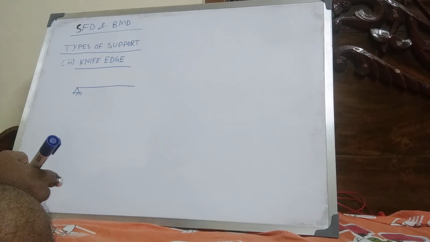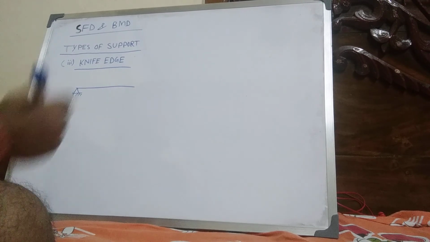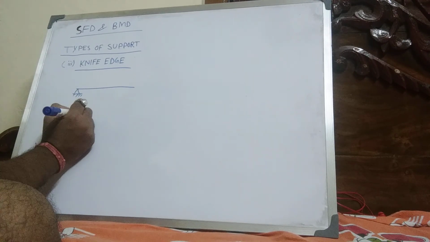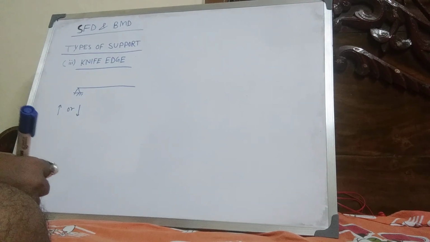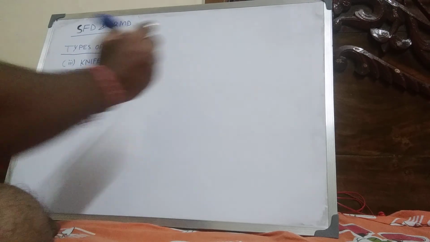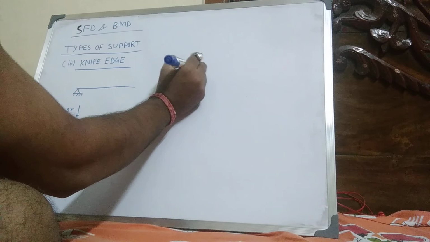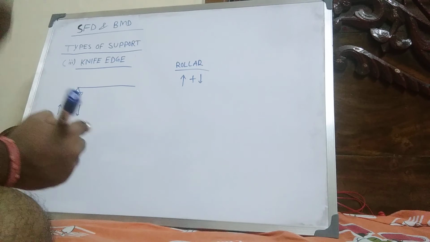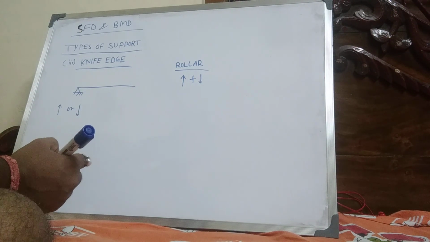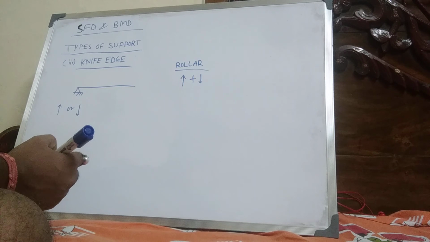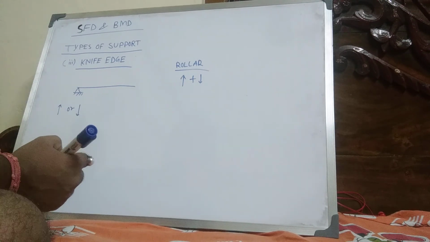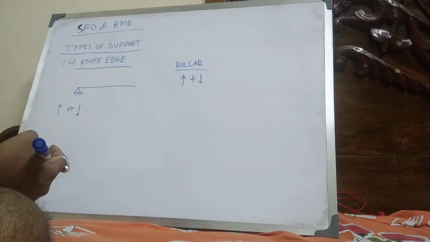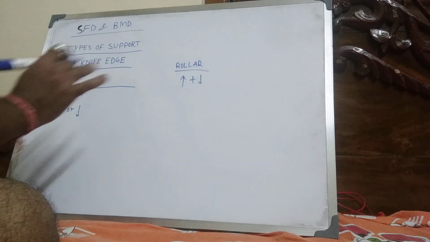In knife edge support there is only either upward or downward, but in roller support upward and downward can both occur together, but here not. The definition is 1 degree of restraint in the vertical direction.